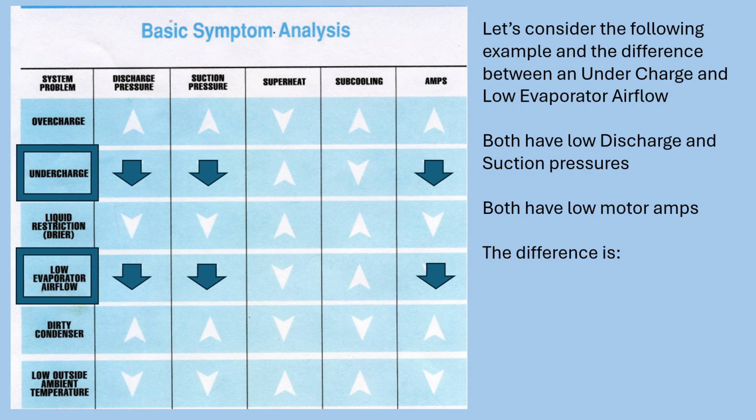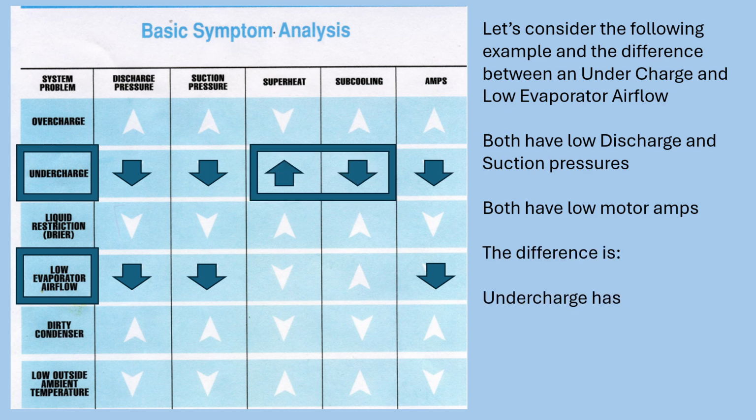The difference is undercharge has high superheat and low subcooling, which means that the high superheat is indicative of lack of refrigerant, and low subcooling is also indicative of not much liquid to subcool.